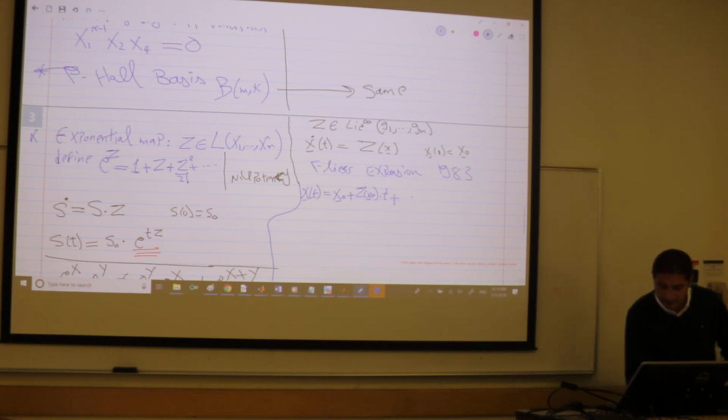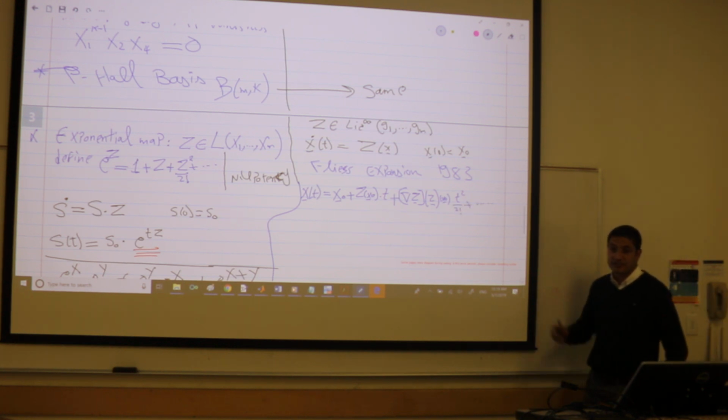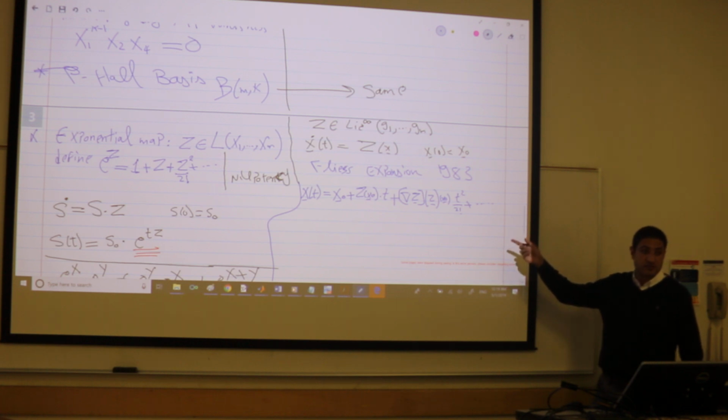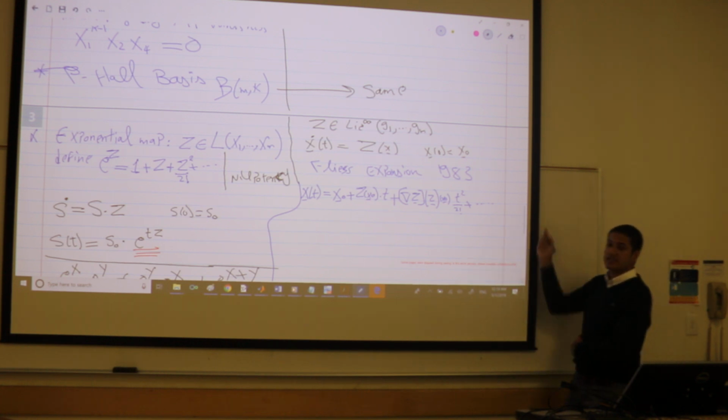Go and get your x double dot. You will find it as nabla Z, the gradient, times Z at x naught times t squared over 2, plus yada yada. It's a very nice expansion. You can solve nonlinear differential equations with this expansion, right?